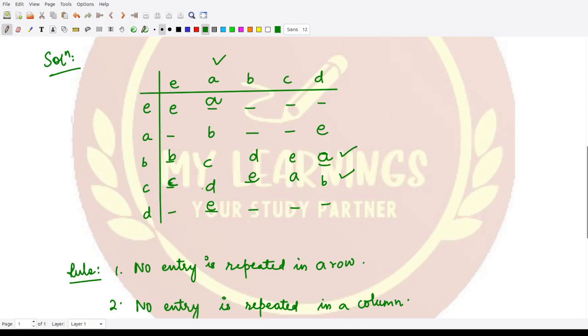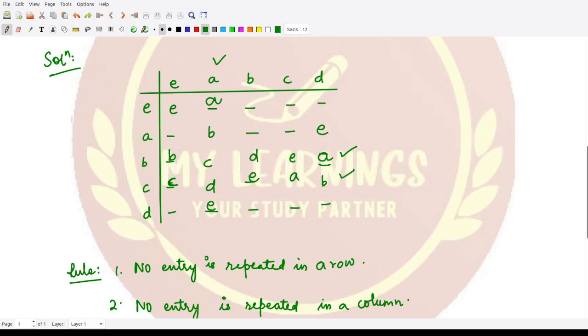Next, let's have a look. Here you have no clue what you can fill. Here A and D both can appear. At this place, all three A, B, C could appear. Here B, C, D could appear, and here C, D could appear, not A and not B. So what would appear here?